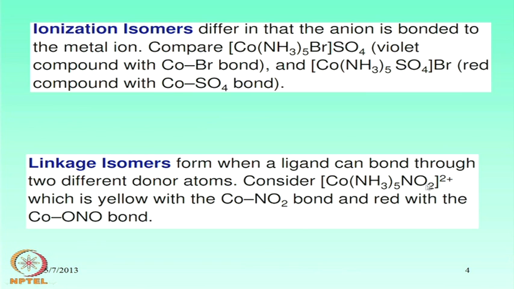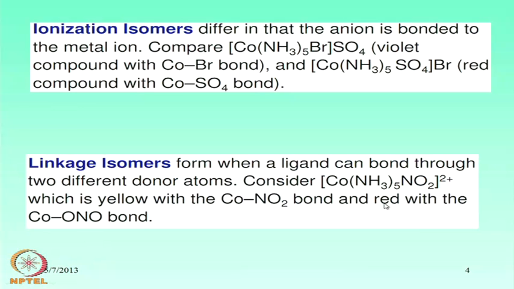That means, considering the binding of the nitrite group, in a compound similar to hexaamminecobalt(III) chloride, when nitrite is bound to the cobalt center through the nitrogen atom, that means the cobalt-nitrogen bond is forming, the color of the compound will be yellow. But if the bond takes place through the oxygen of the nitrite group, we get a different colored compound which is red in color.